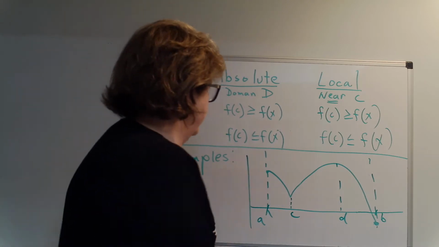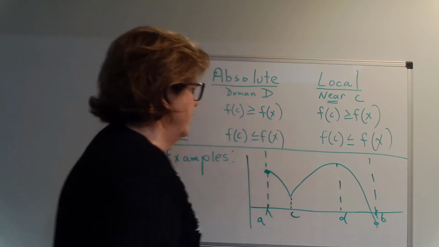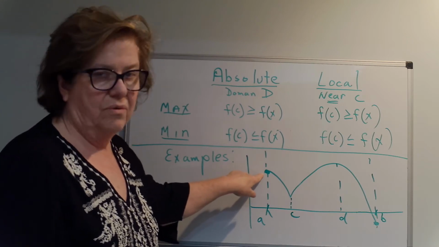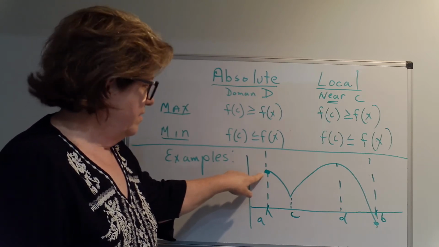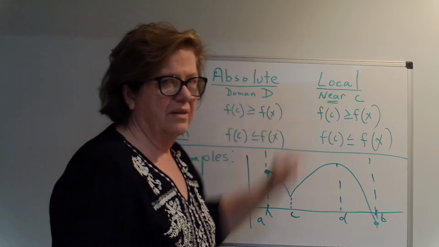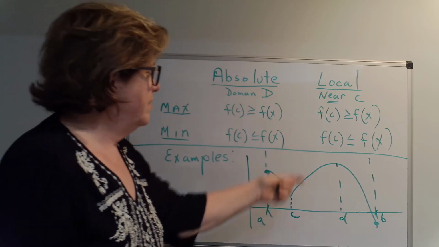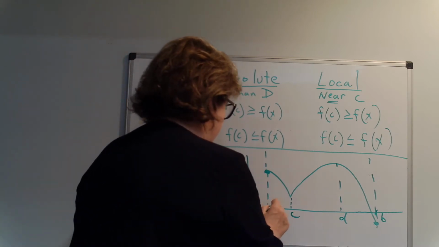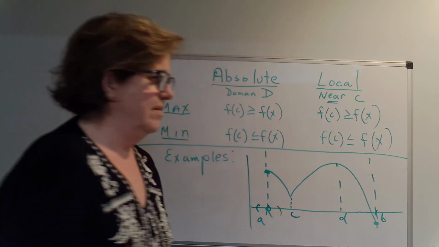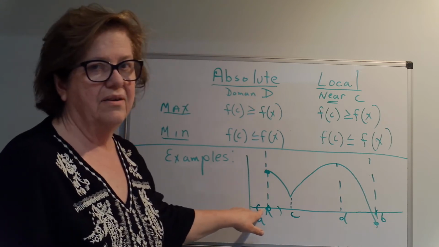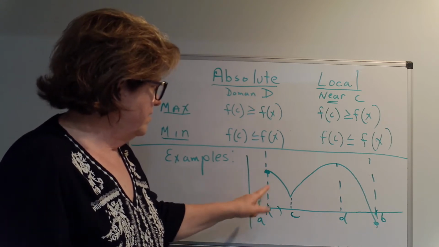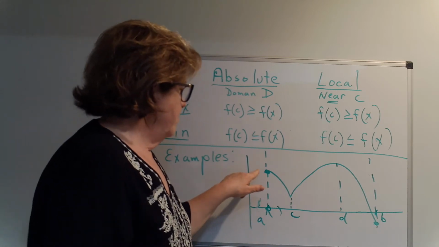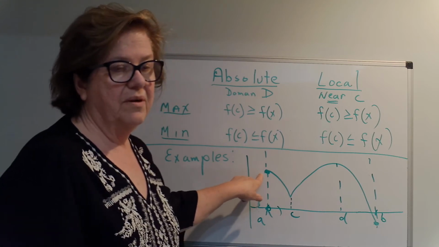So this one, we don't really like to call this a local maximum, because when we look at local minima or maxima, we want to look at an open interval around this A value. And we can't because it's not defined out here. So it's like we can only approach it from one direction.